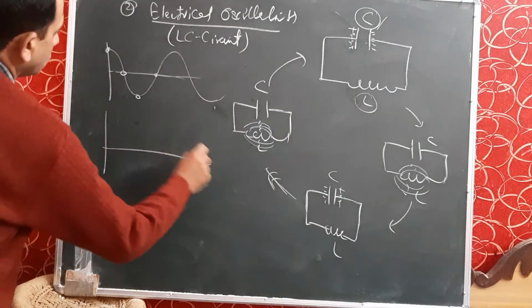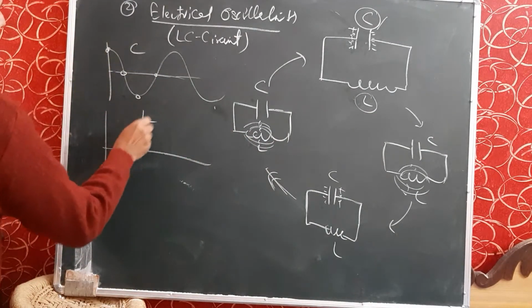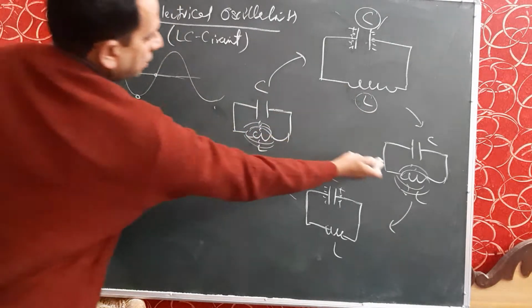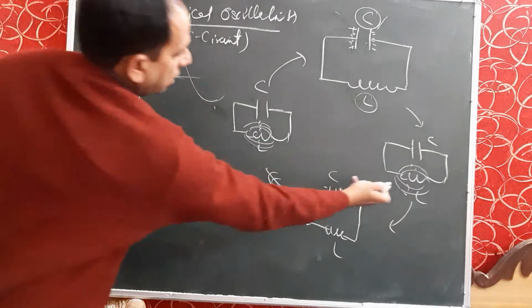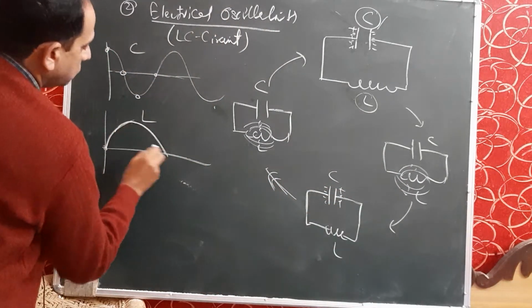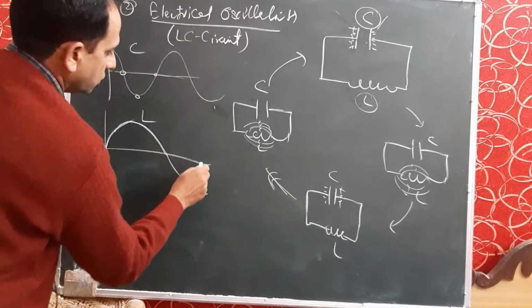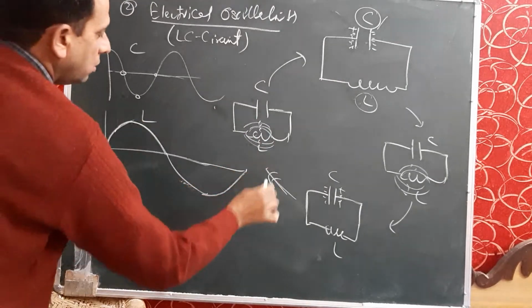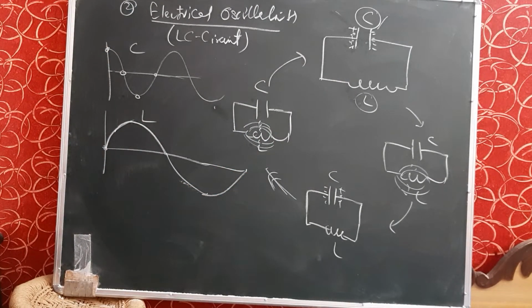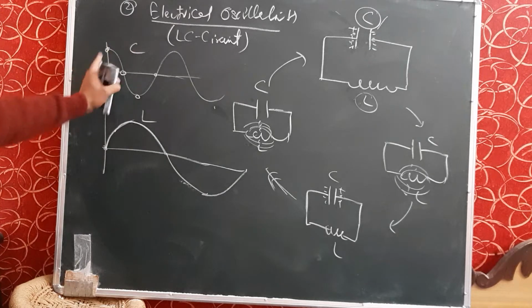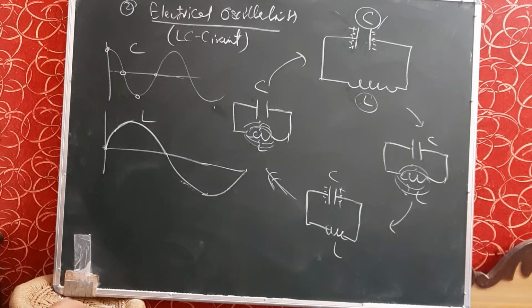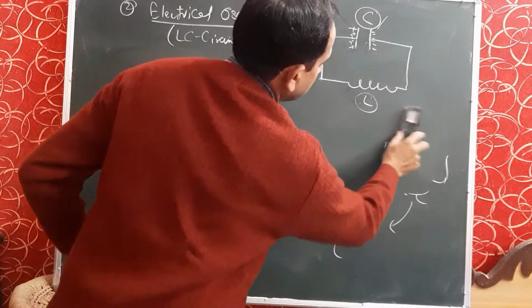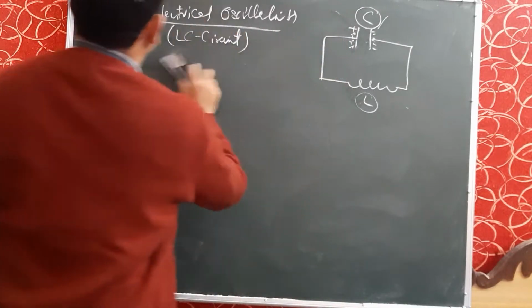This is the behavior of the capacitor and this is the behavior of the inductor. The inductor is a sine wave and the capacitor has a cosine wave. So both are harmonic waves. It means the oscillations produced by this LC circuit are harmonic oscillations.